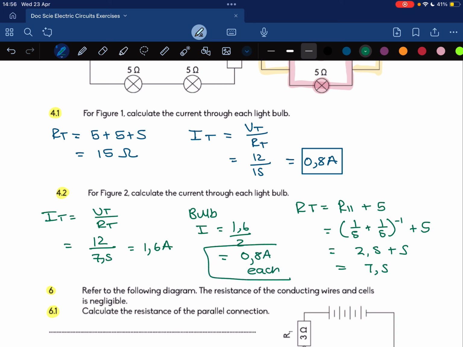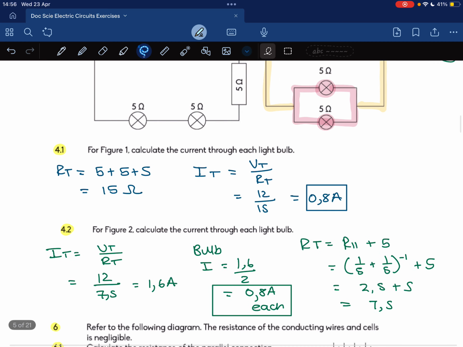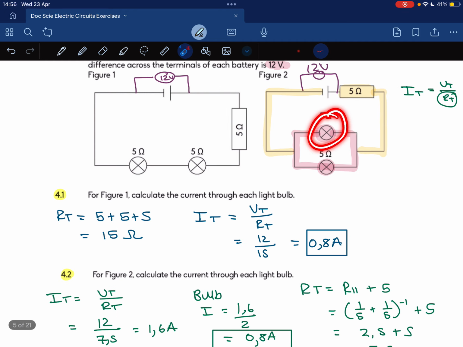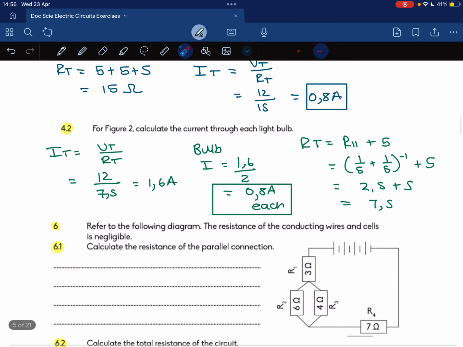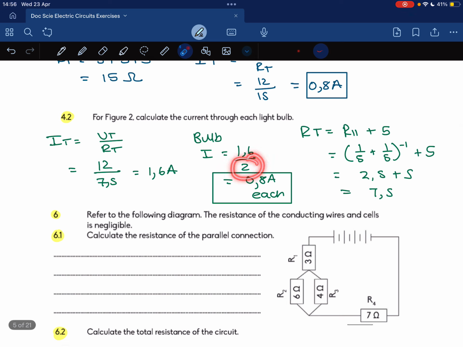The only reason we were able to divide by 2 is that the resistors are identical.